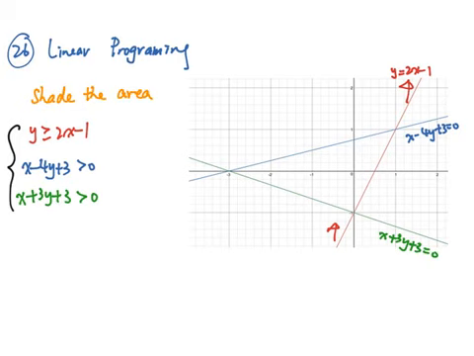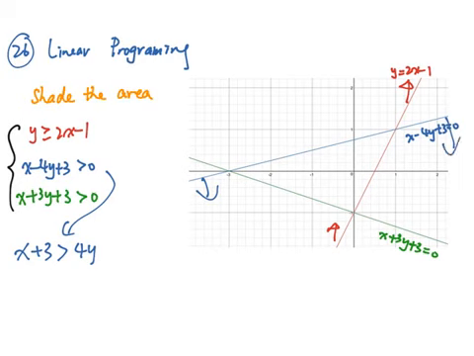For the blue equation, x minus 2y plus 3 greater than 0, if we make y the subject, x plus 3 is greater than 2y, so 2y is less than something, so it goes down.